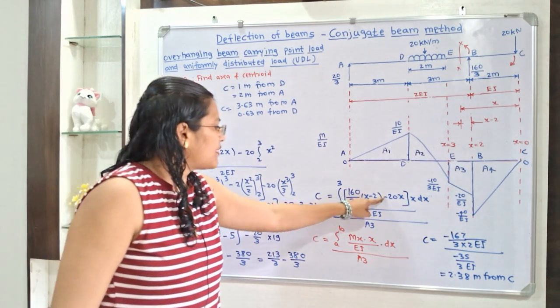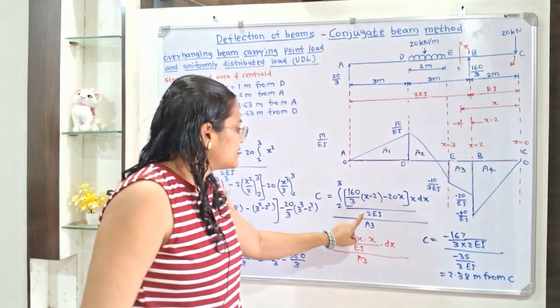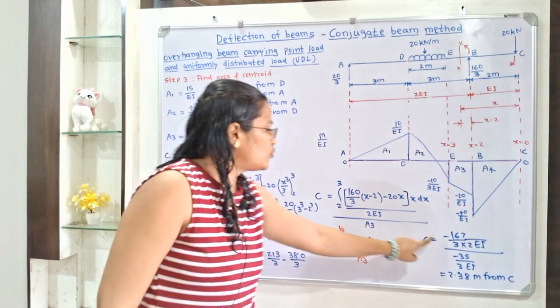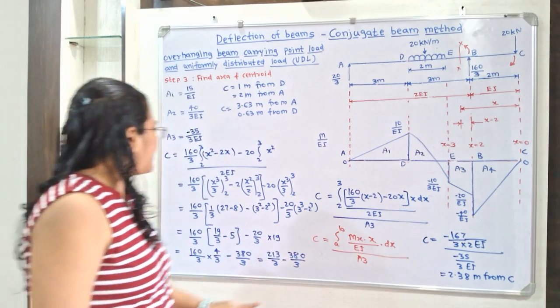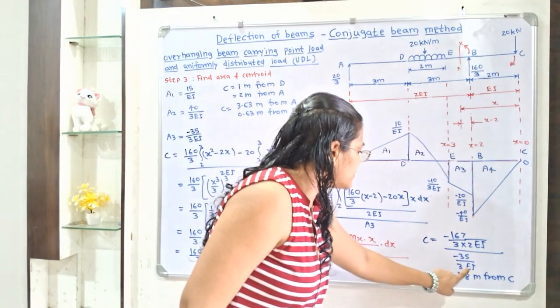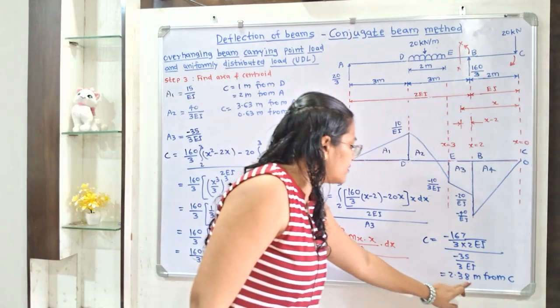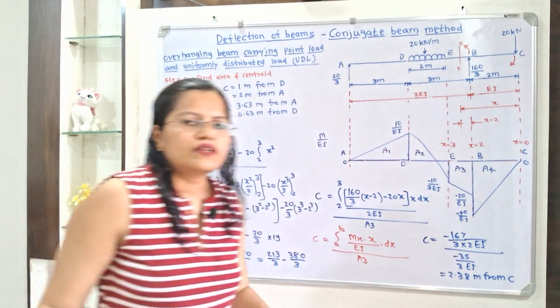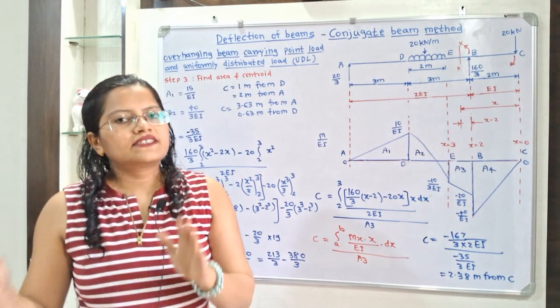Now we will put this value here. So it is minus 167 by 3 and this divided by 2EI as it is, and whole divided by area A3. So area A3 is minus 35 by 3EI. So when we simplify this, we will get 2.38 meter from C. Now why C? Because this centroid we will get as a distance x.